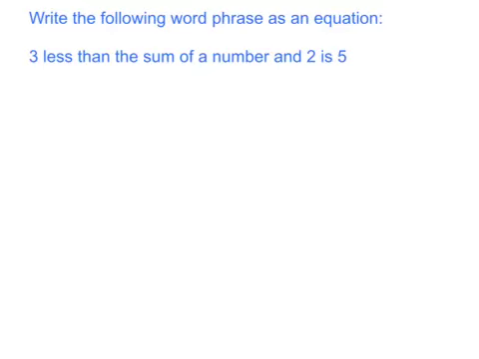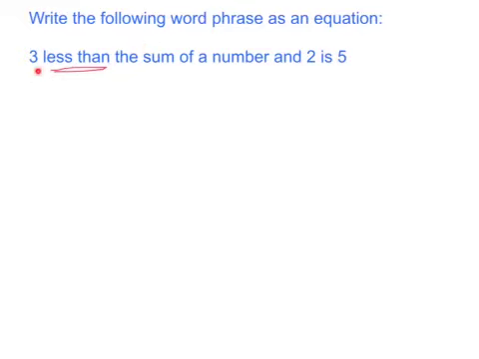So let's say you're asked to write the following word phrase as an equation. An equation, again, means it's going to have an equal sign, which we can see because we have the word is here. 3 less than. Less than are those turnaround words. Turnaround words means we're going to look at the end and see what's coming first. 3 less than the sum. Sum means the whole thing.